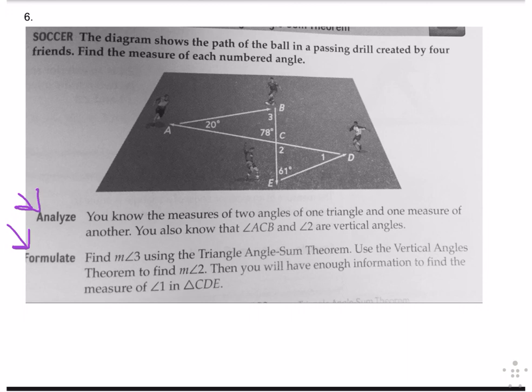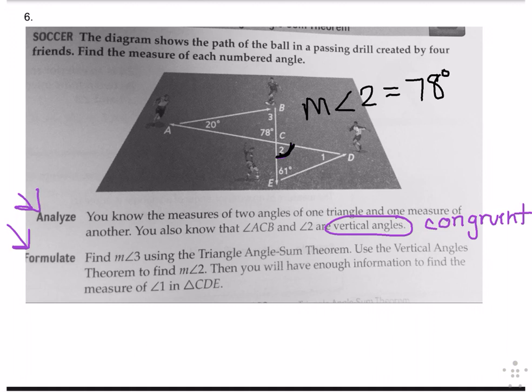You also know that angle ACB and angle 2 are vertical angles. Vertical angles are congruent. That means they equal each other. They'll have the same measure. So automatically we can see right here that the measure of angle 2 has to be 78 degrees since they're vertical angles.